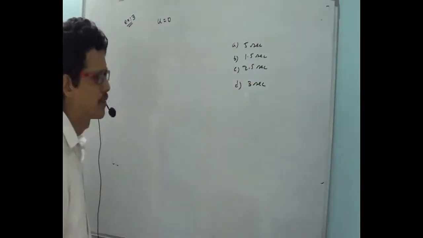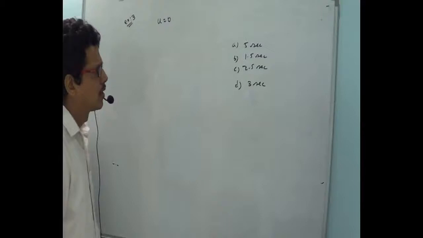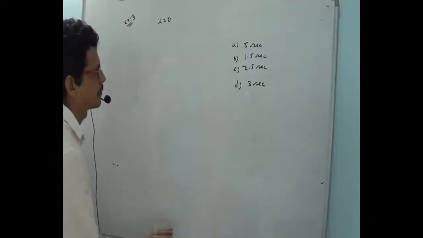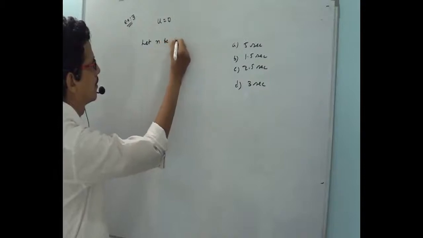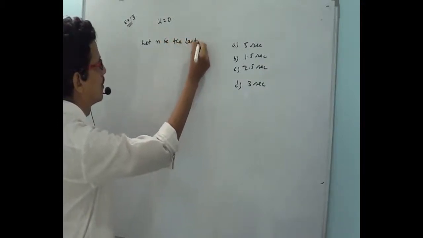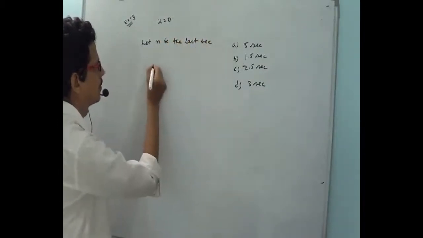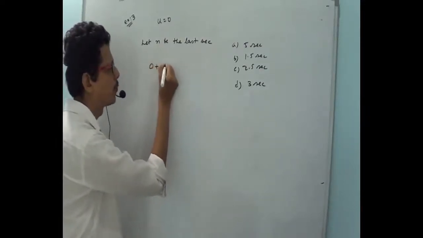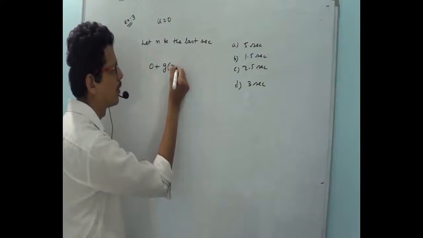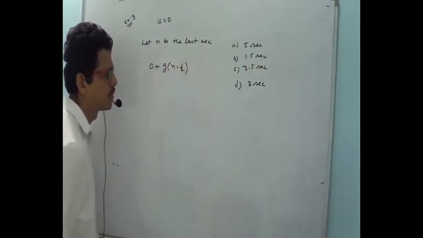Okay, these are the options. Let n be the last second. Okay. What is the formula for the distance travelled in the last second? u plus a into n minus half.